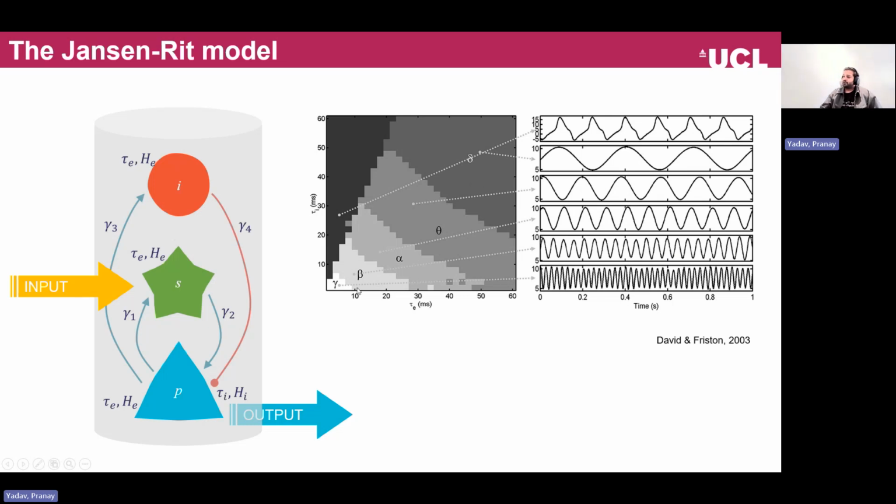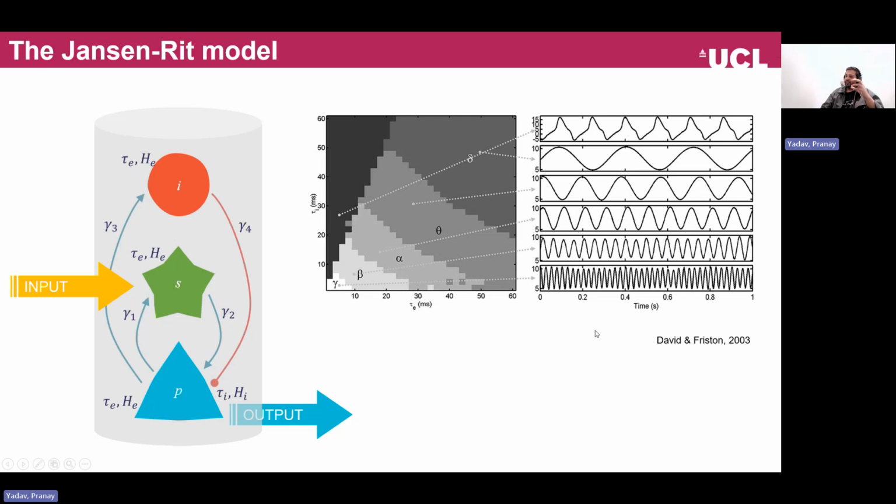For very fast or smaller values of these time constants, which reflects faster kinetics, we see activity dominantly in the gamma band, and that's what the time series look like. And as we slow down these time constants, we start seeing slower and slower dynamics in the time courses.